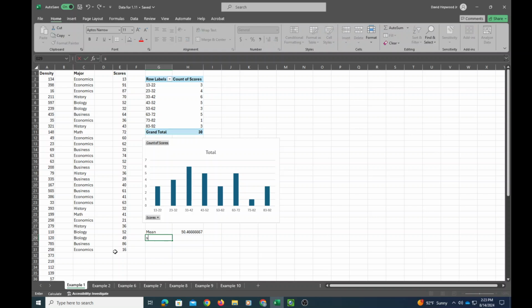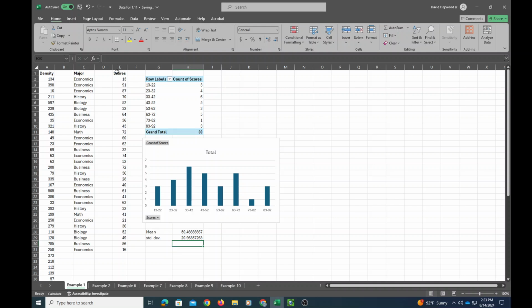For the standard deviation, I'm going to say equals STDEV.S. Okay, select the data. Ooh, I got an extra value in there. Let me edit that. Okay. There's the standard deviation.